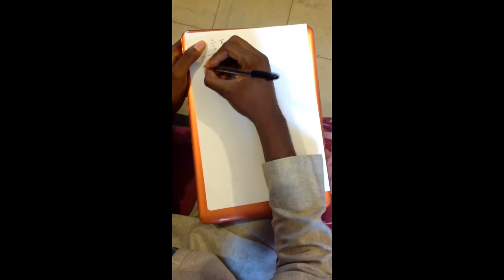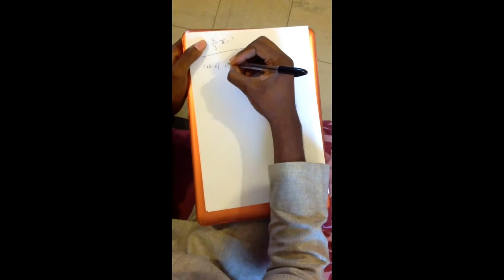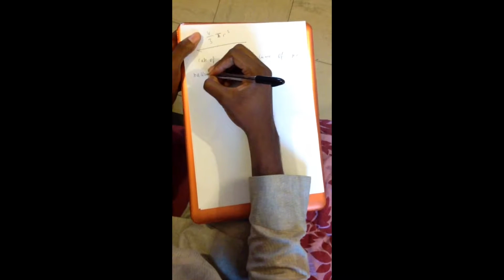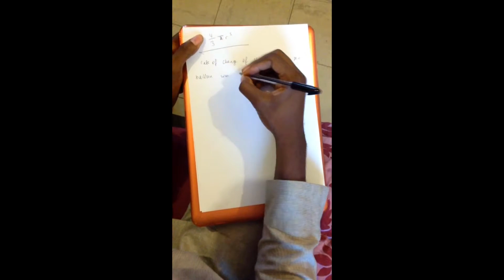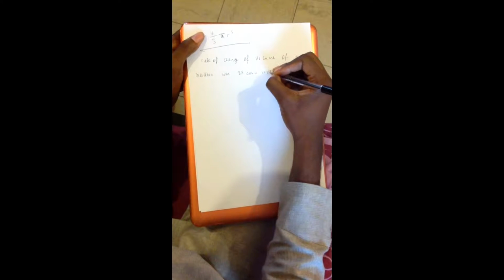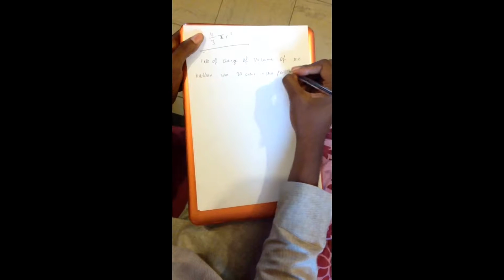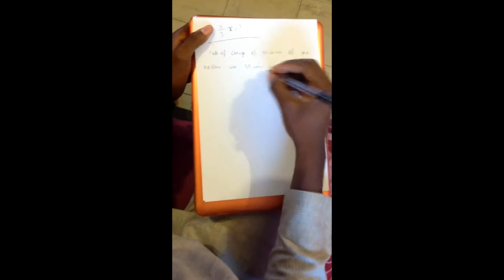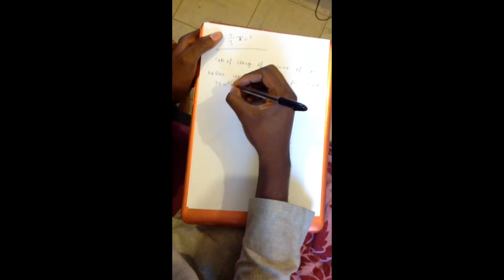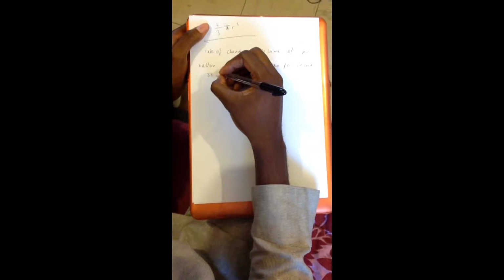Now, they also mentioned that the rate of change of volume of the balloon, the spherical balloon, was 25 cubic inches per second. From here on out, I'll write this as 25 in cubed s minus 1.